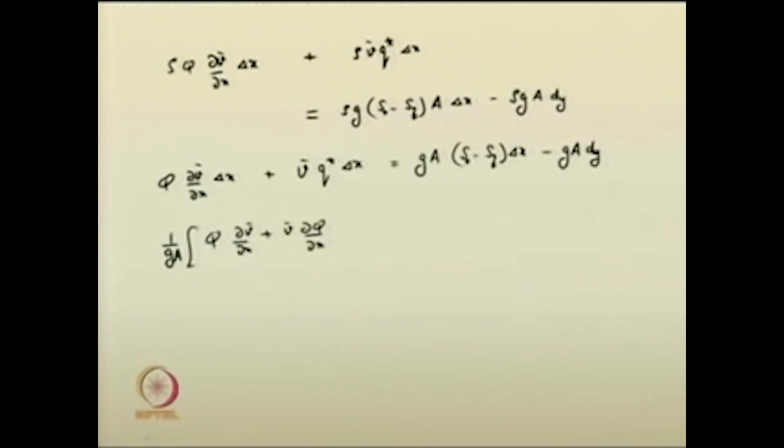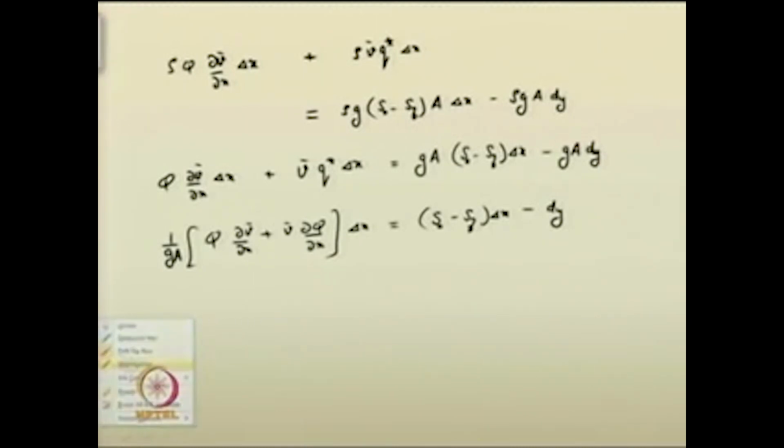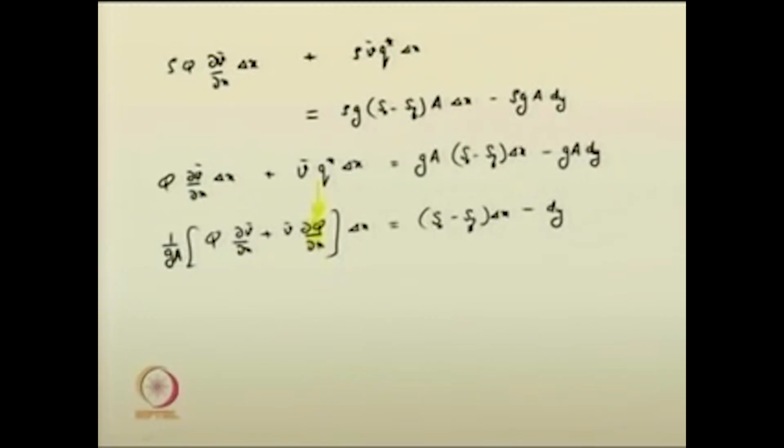Dou Q by dou x into del x is equal to (S_0 minus S_f) del x minus dy. I hope you understood why I wrote this term as dou Q by dou x. Q star I have just converted to dou Q by dou x, so that we get this expression in a better way.